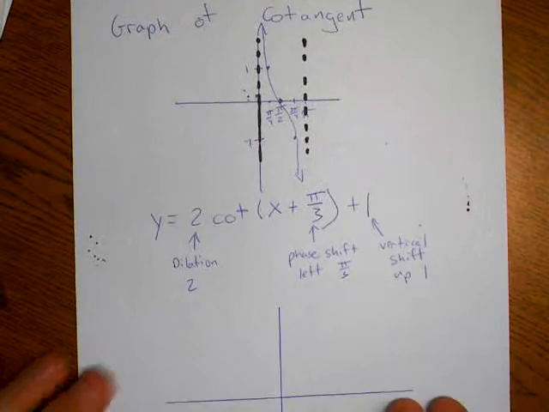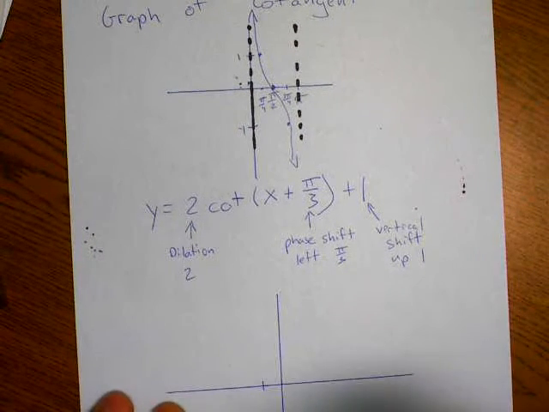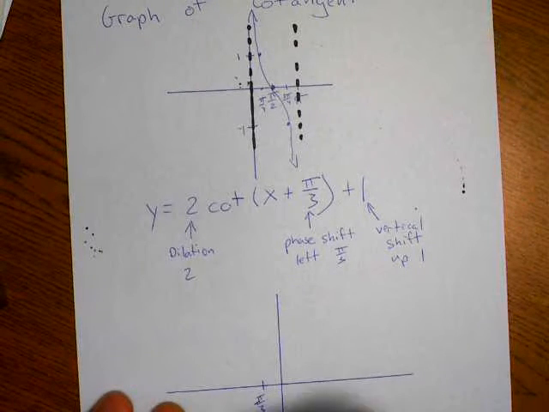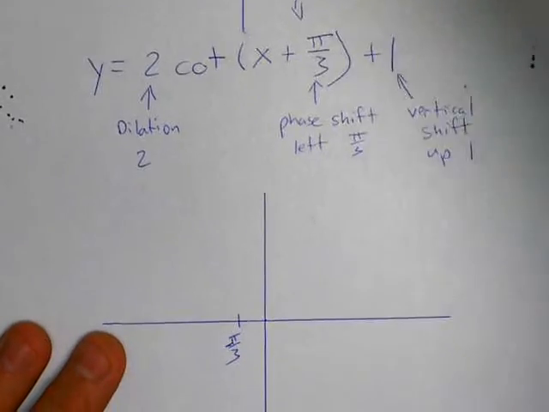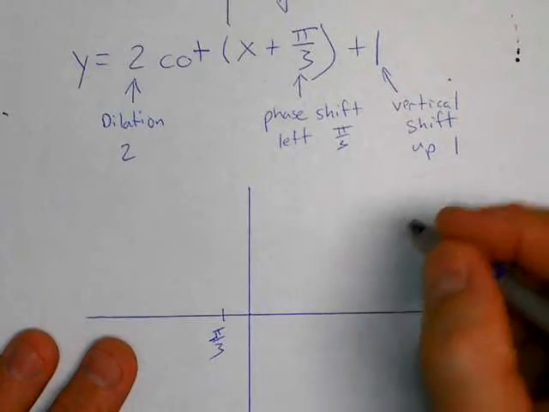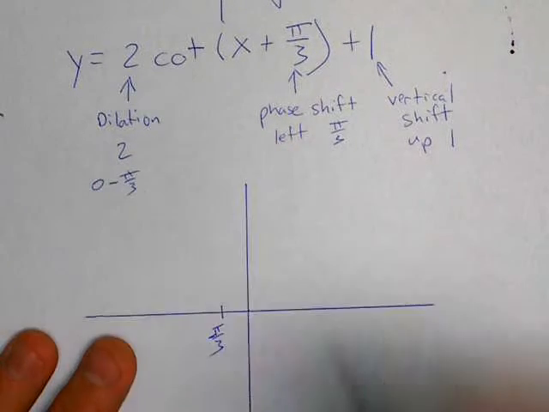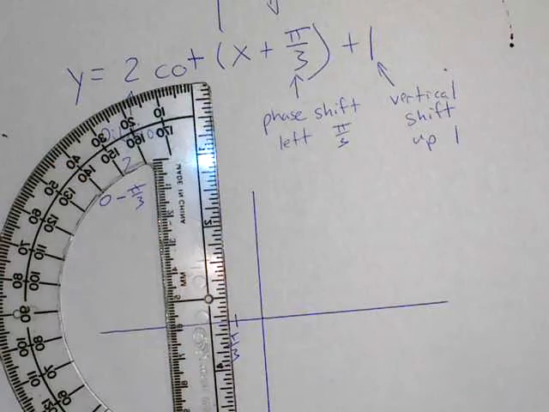So all I really have to worry about is shifting it to the left pi over 3. And since we're starting at 0, that's pretty easy. It's going to shift over to negative pi over 3. Okay? We are literally just doing 0 minus pi over 3. Okay? And then let me go ahead and make my asymptote.